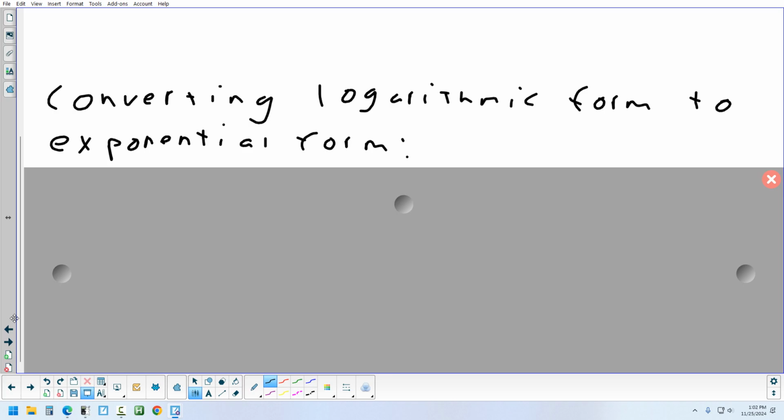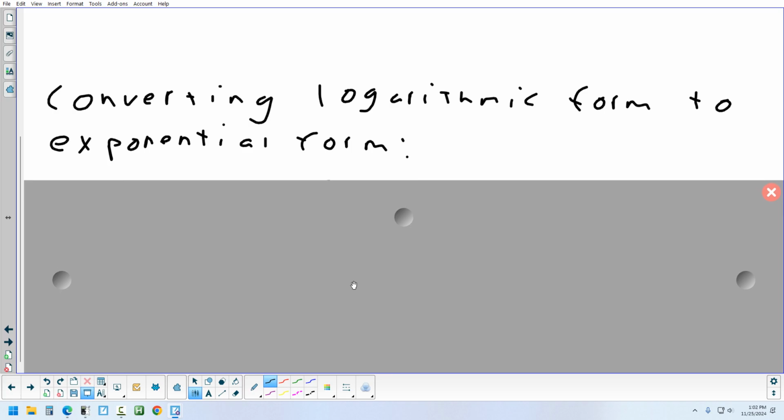Okay, so how do we convert between exponential form and log form? Well, let me show you what each one of them looks like first. This is exponential. It looks something like that. You have a base, you have an exponent, and then you have a number on the other side, like 2 to the x equals 5.